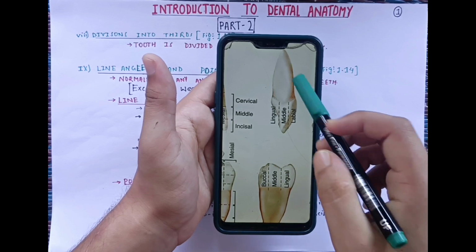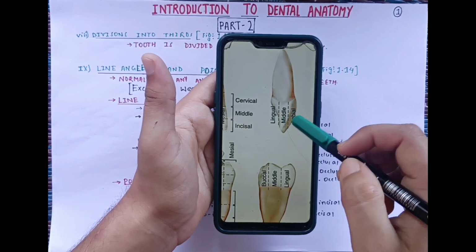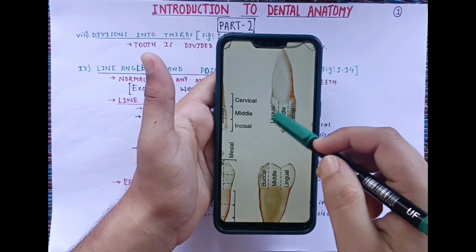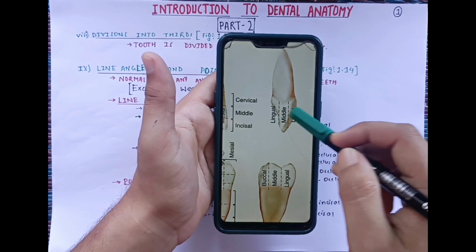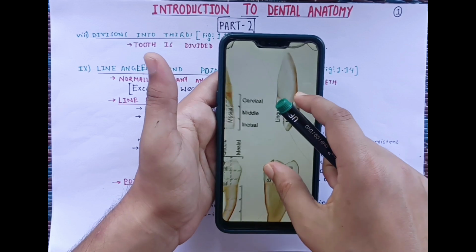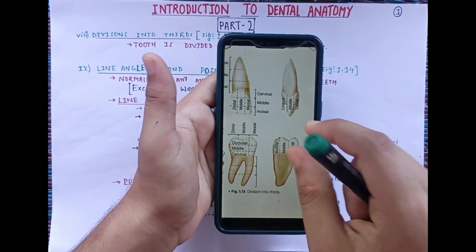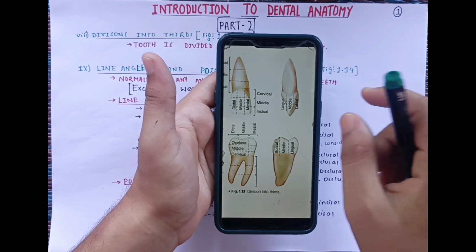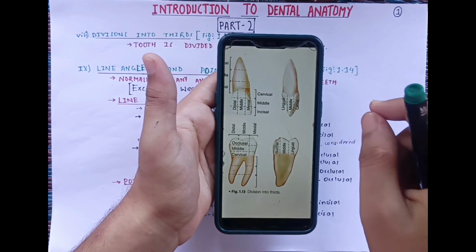Similarly, in the proximal view of the crown, we can see here there is a labial side, another is a lingual side, and in between these two there is a middle portion. So I think this topic is easy to understand, and it is also a fundamental topic that every dentist and dental student should know.